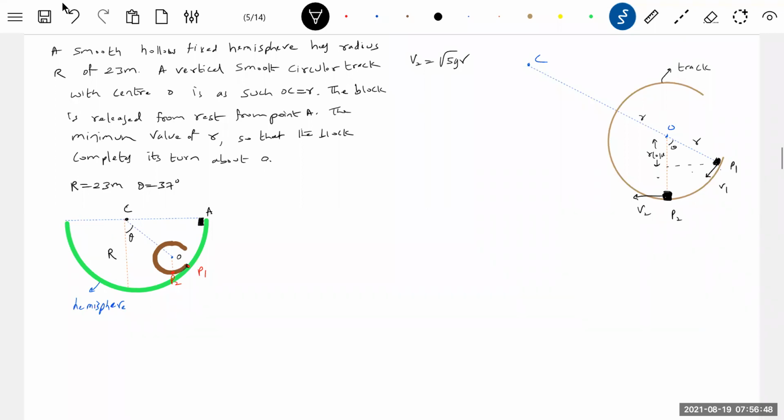Look at this diagram. Here it will have velocity v1. The block will move from A to point P1. Do we know the radius r? Yes, we know radius r. So apply conservation of mechanical energy from point A to P1, then from P1 to P2, and we'll get the required answer. At point P2, the velocity should be root 5gr. Sir, the OC is smaller, sir, not the radius of the smaller track, sir.